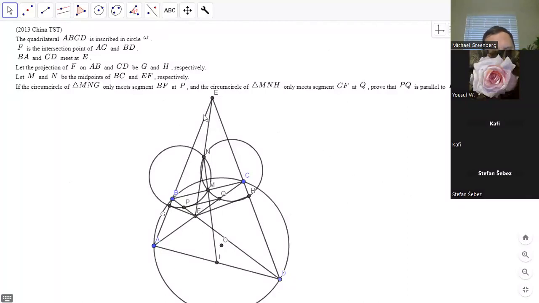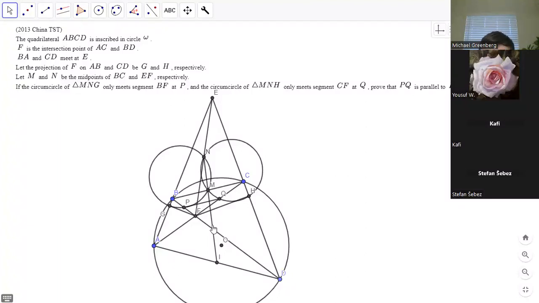One part we need to show is that MN is the perpendicular bisector of GH. And if we have that, we can angle chase to finish.